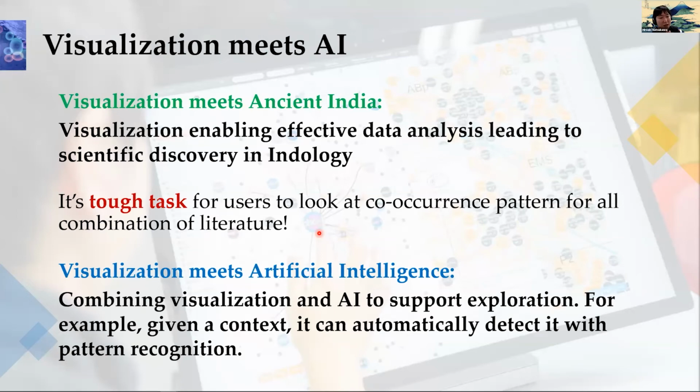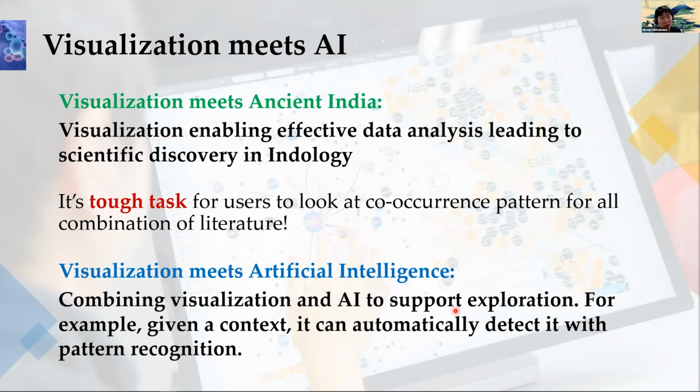So I think the visualization should meet AI. So not only ancient India, but artificial intelligence. Actually, this is a hot area in the field of visualization that aims to combine visualization and artificial intelligence, AI, for data exploration.